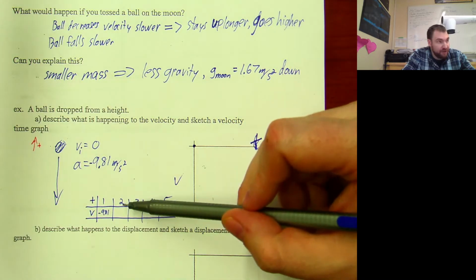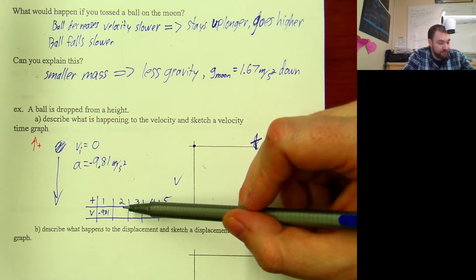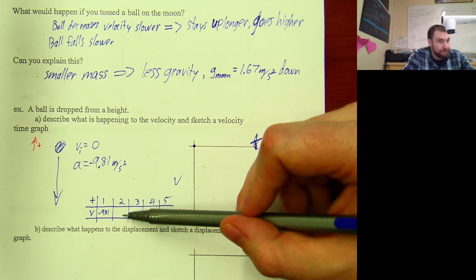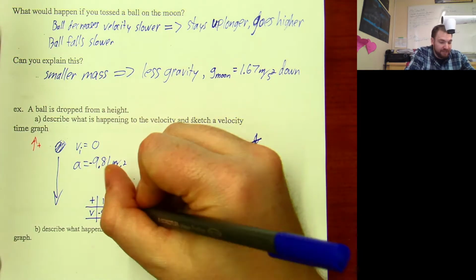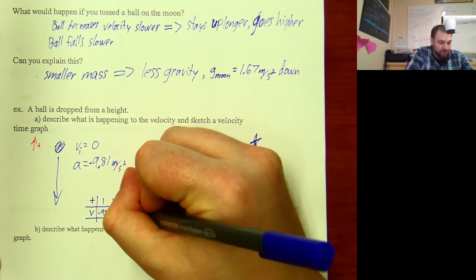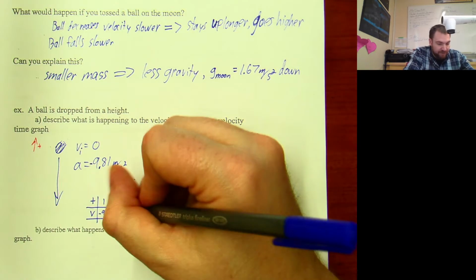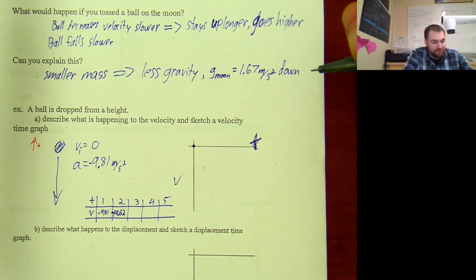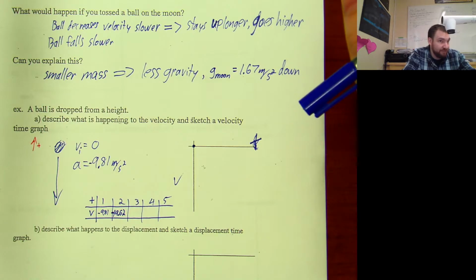After 2 seconds, how fast is this thing going to be going? 19.62. Negative, yeah. After 3 seconds, how fast is that object going to be traveling? You've all got calculators. After 3 seconds, how fast is it going? 29.